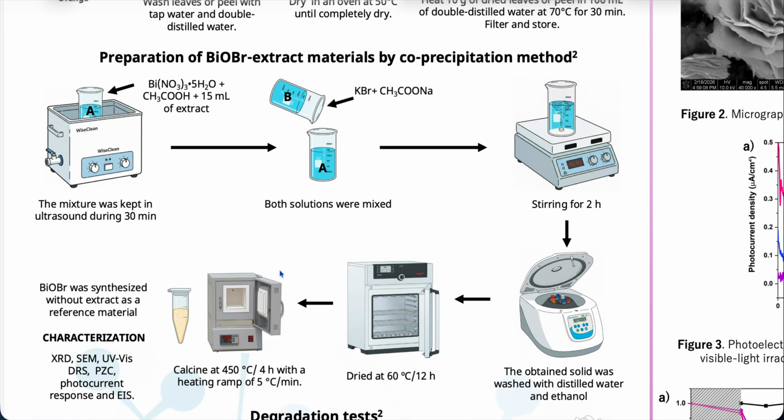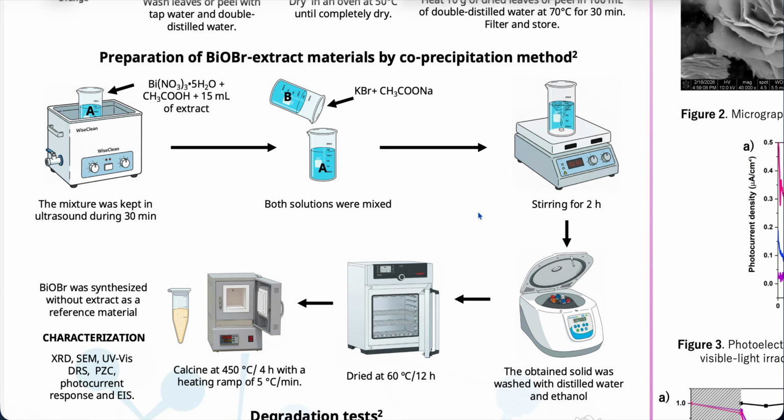Bismuth oxybromide materials were then synthesized by coprecipitation. For the extract modified materials, bismuth nitrate pentahydrate was combined with acetic acid and the corresponding plant extract, while potassium bromide and sodium acetate were used in the second solution.